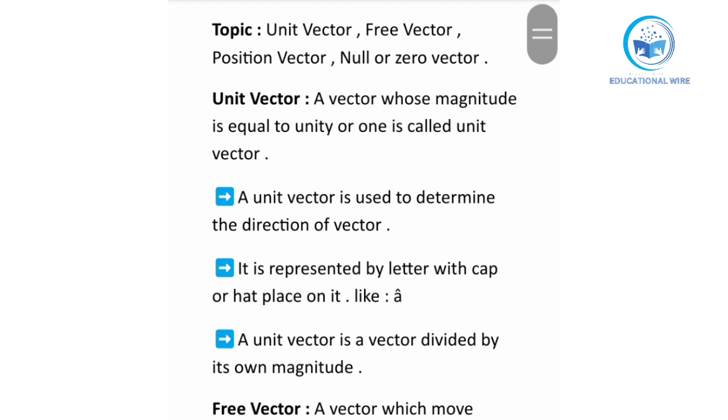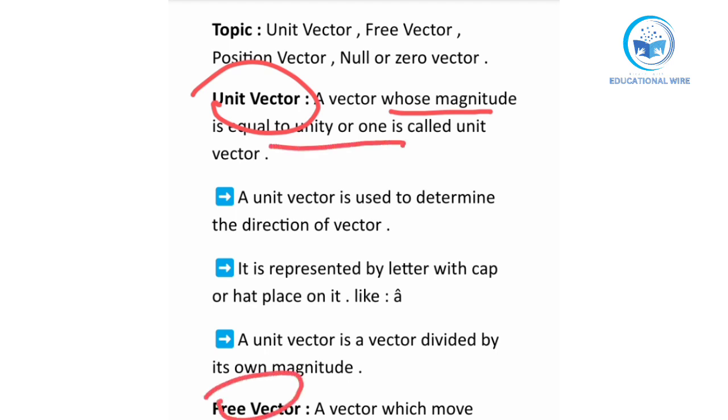And I hope you all understood. This is a simple topic. Firstly we understood the unit vector, whose magnitude is equal to 1. After that, free vector means parallel. After that, the position vector, having magnitude and particular direction.